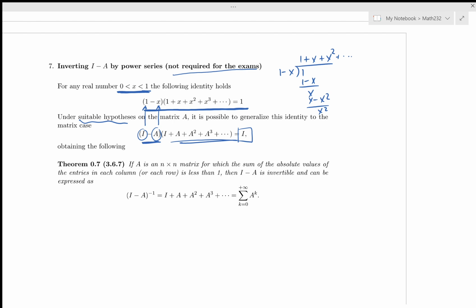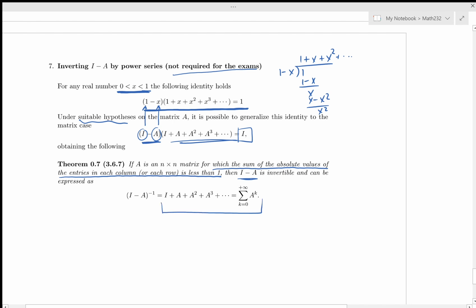That's what the theorem is saying. If A is an n by n matrix for which the sum of the absolute values of the entries on each column or row is less than 1, that's the convergence condition, then I minus A is invertible, and you can express it as a power series.